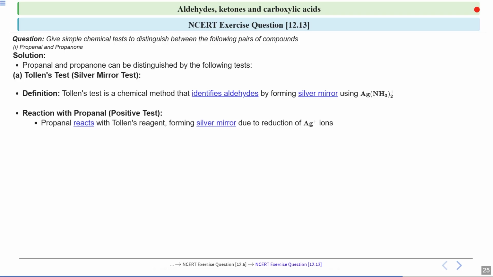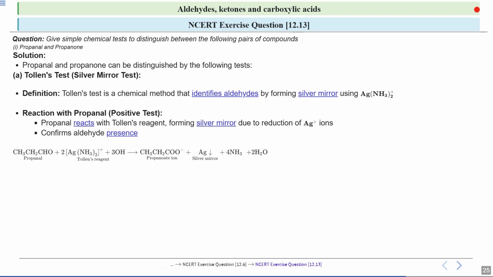This is a classic positive result for aldehydes. If you see a silver mirror, you know that the compound is an aldehyde. So this confirms that propanal is present, not propanone.